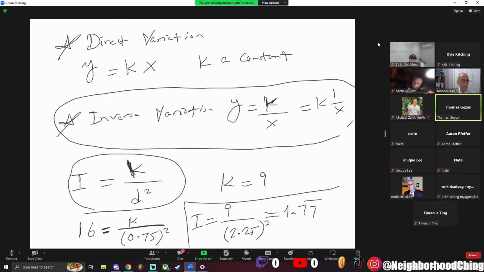How do you know when to use direct or inverse variation? Oh, the literature must tell you that something varies directly. If the word inversely is not there, it's direct.